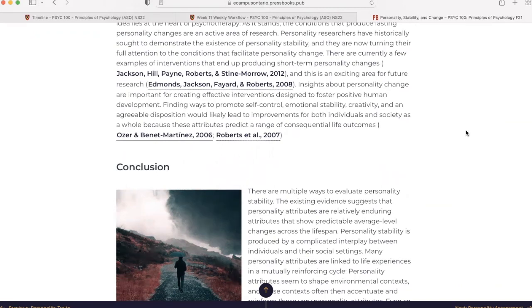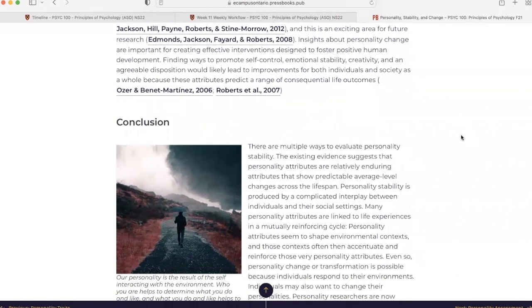Insights about personality change are important for creating effective interventions designed to foster positive human development. Finding ways to promote self-control, emotional stability, creativity, and an agreeable disposition would likely lead to improvements for both individuals and society as a whole, because these attributes predict a range of consequential life outcomes.